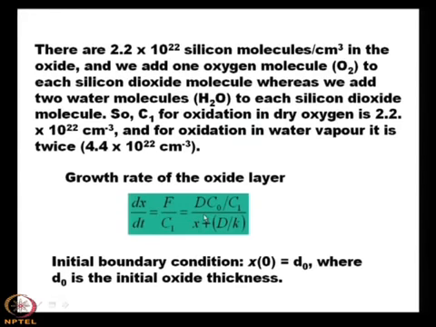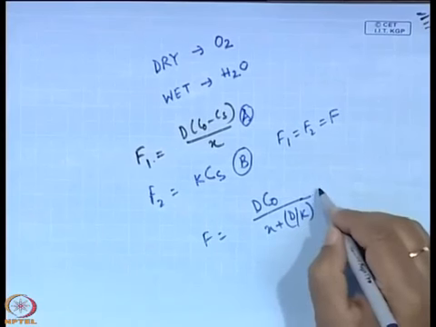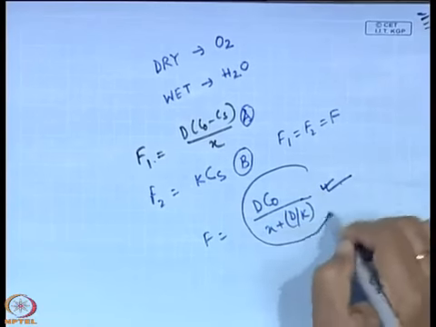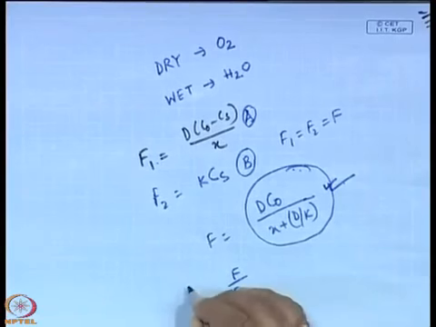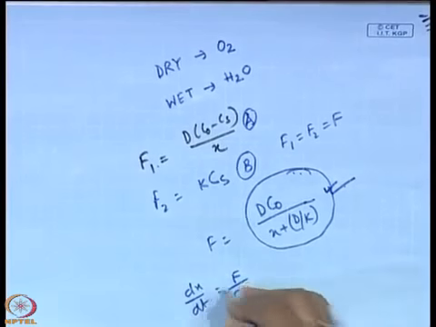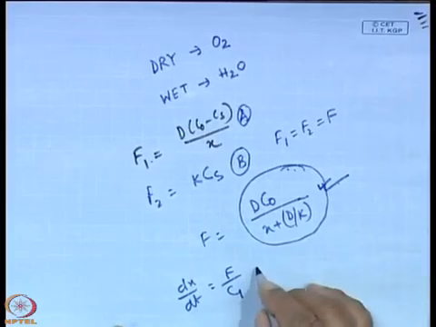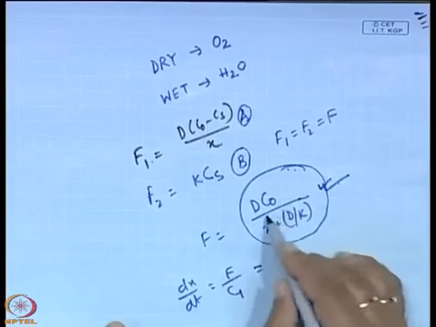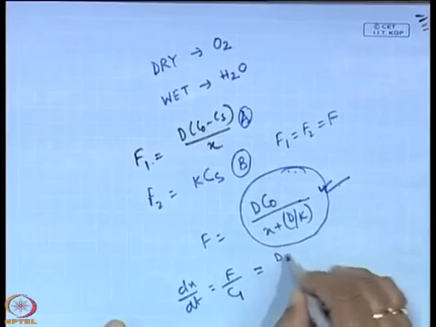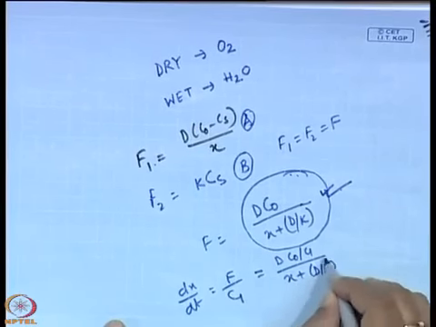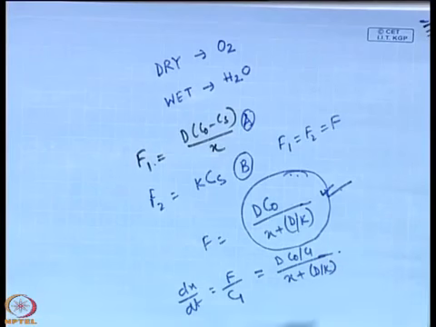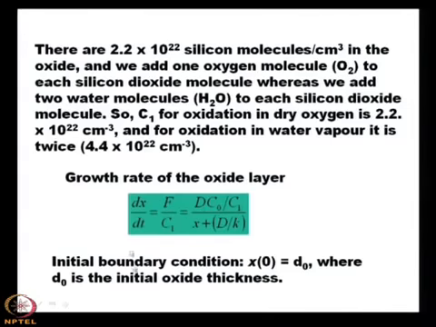Because F equals D C0 divided by (x plus D/k), if we put this F into F/C1, we get the growth rate of the oxide layer: dx/dt equals (D C0/C1) divided by (x plus D/k).